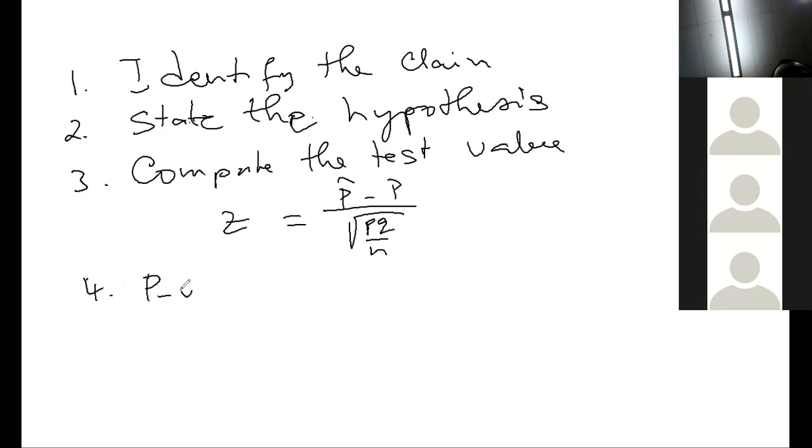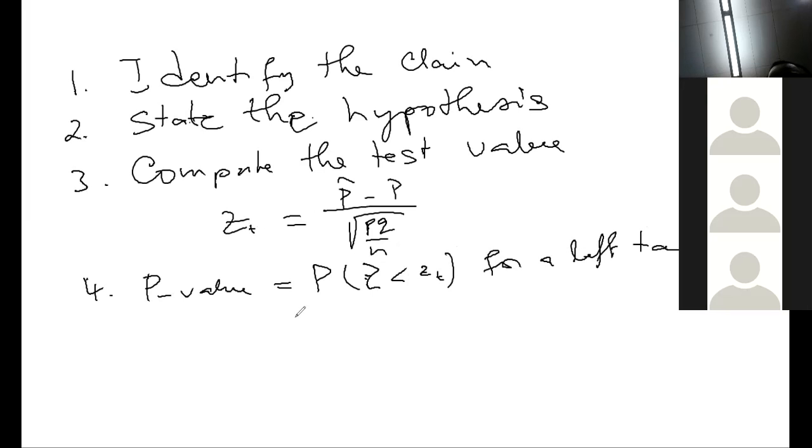P-value is equal to the probability that Z is less than zt for a left tail. For a right tail, it is equal to the probability that Z is greater than zt.